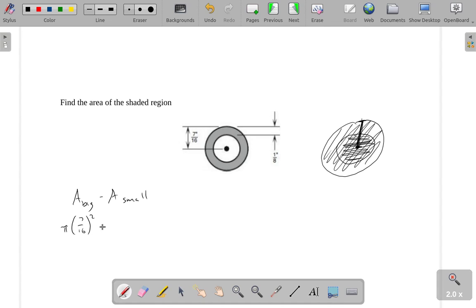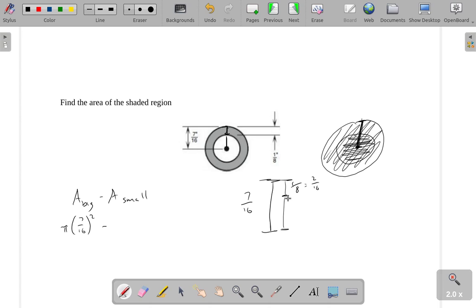So that's the area of the big circle. The area of the small circle is, well, I need to know what this radius is here. All I know, though, is this distance and this distance. Well, if I have that this distance is 7/16 and that this distance is 1/8, which I can call 2/16 to make sure that my units line up, because that's something you have to do with fractions, remember.